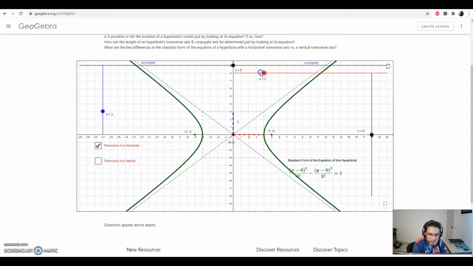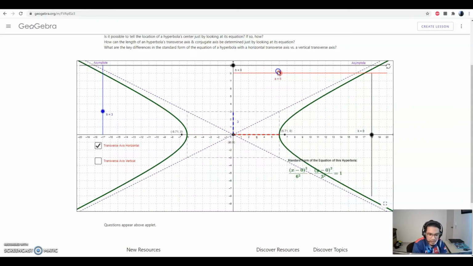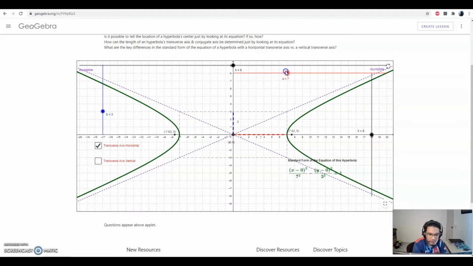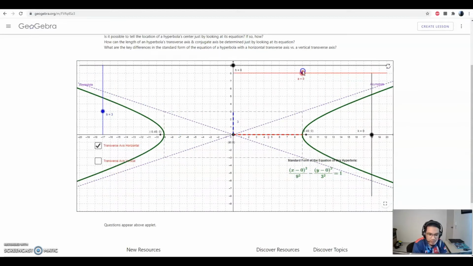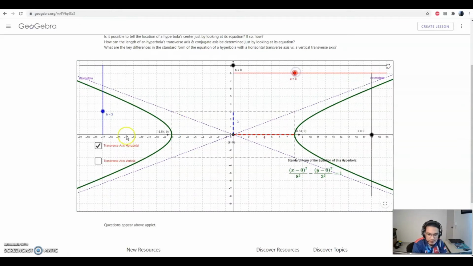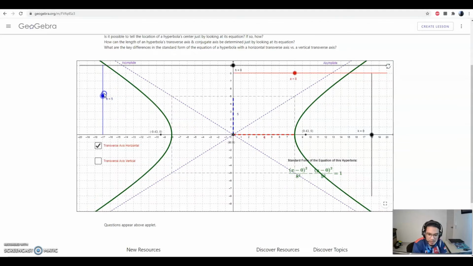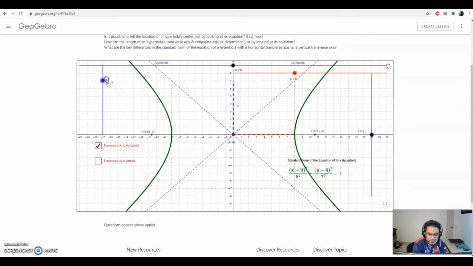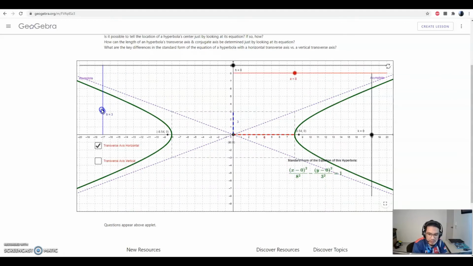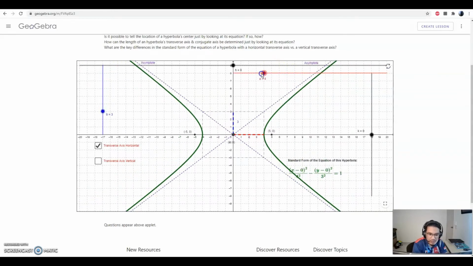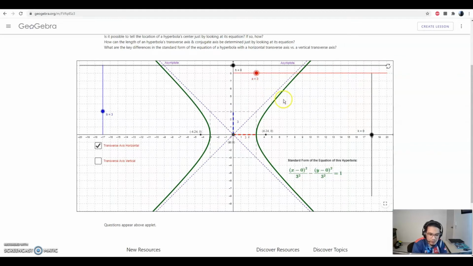If I make a longer, you can see the hyperbola becomes wider, and if I change the value of b to be higher, my hyperbola becomes taller. So what's important to determine the size of your hyperbola is the values of a and b.